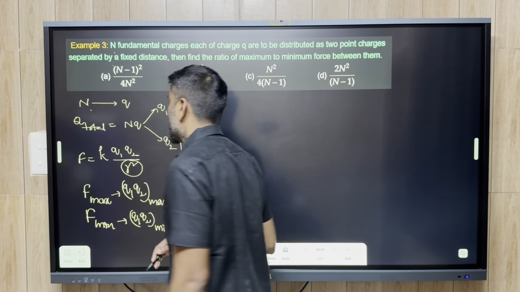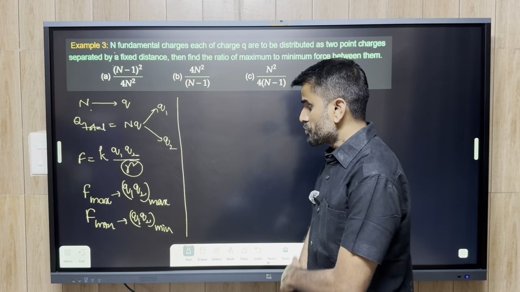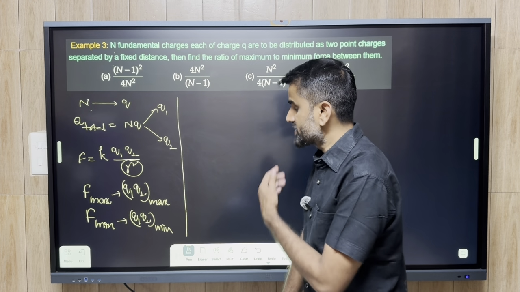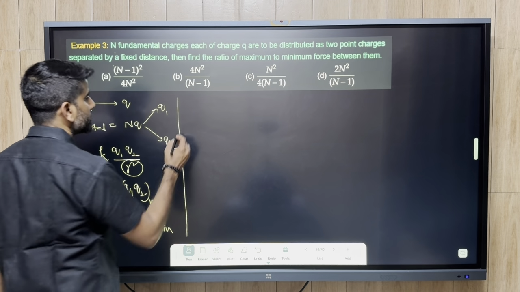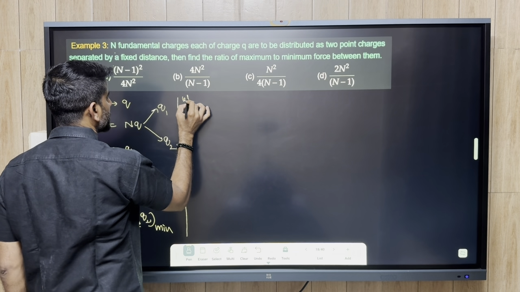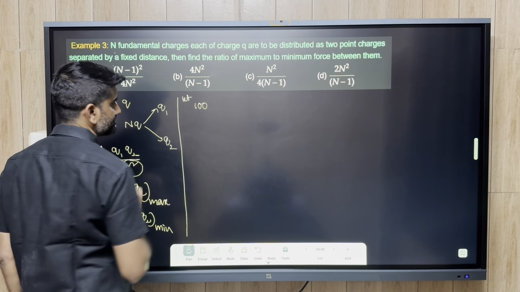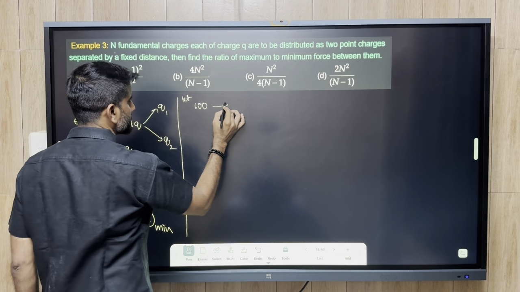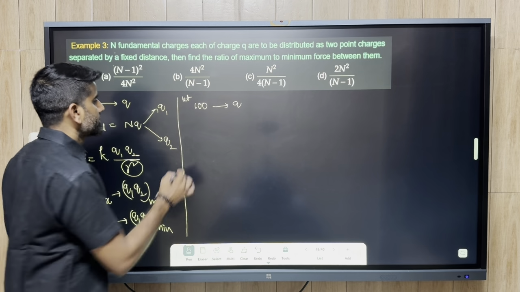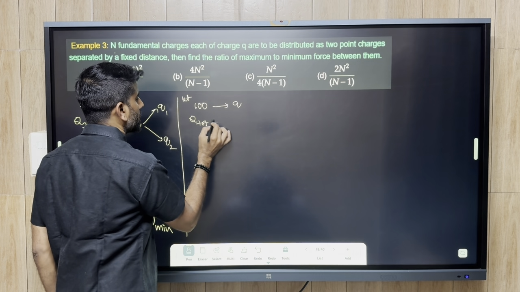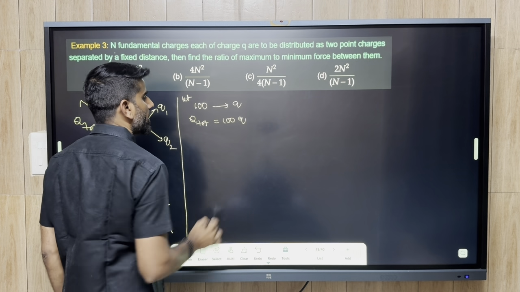Let's move on. To understand how to make the product of q1 and q2 maximum, let me take a number. In place of n, let's consider 100 charges, each of charge q. Now the total charge is 100q.